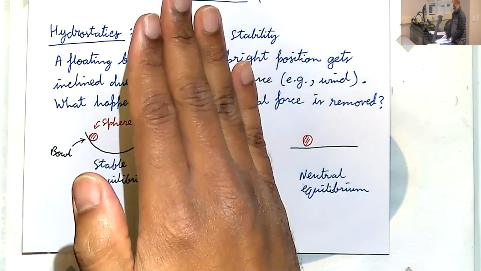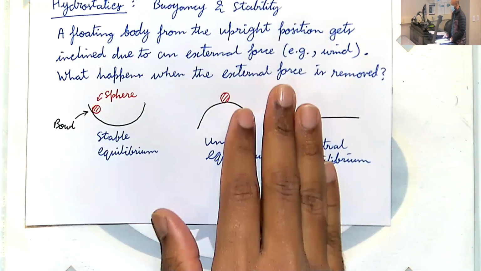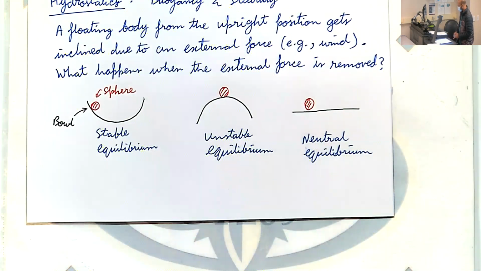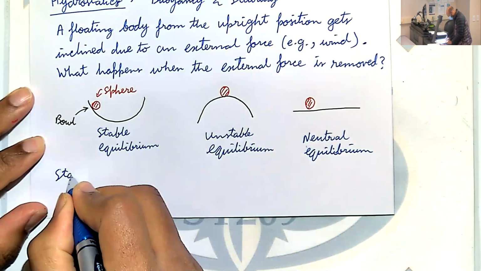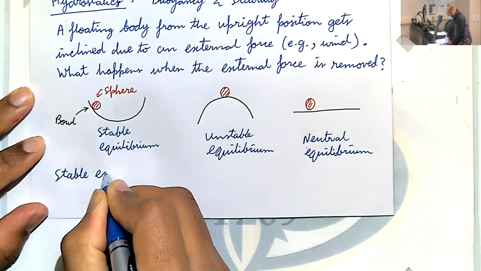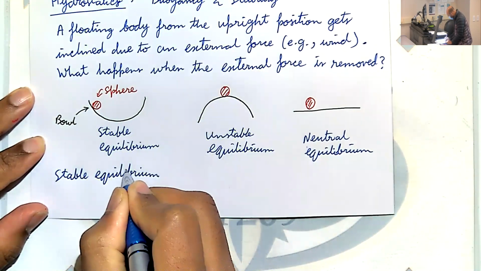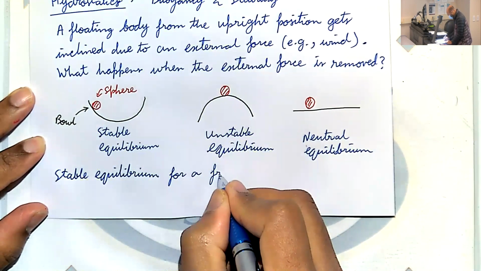That's very rare, but it can happen. That's called neutral equilibrium. And we'll see how the way we design these hulls results in each of these cases. All right, so stable equilibrium for a free floating ship.